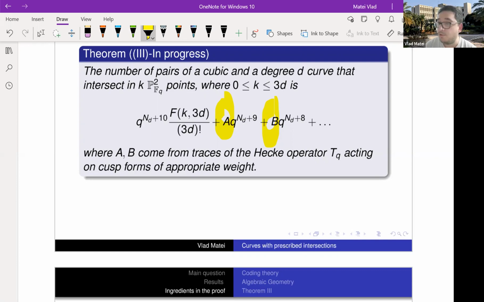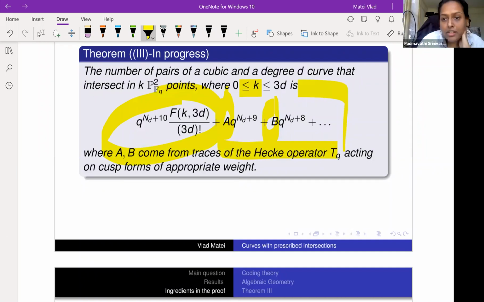So the way I've written it might be a little lie because this is not going to be quite exact like this, but except for the first term, the rest of the terms after that should come from these traces of the Hecke operator. Does it make more sense?